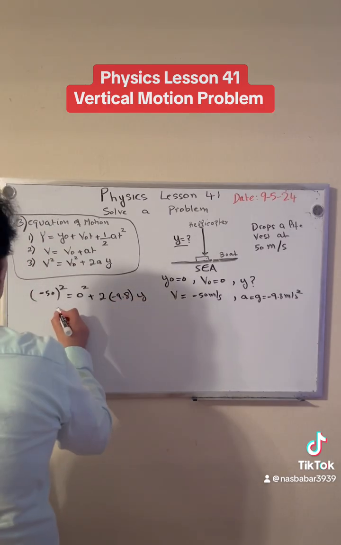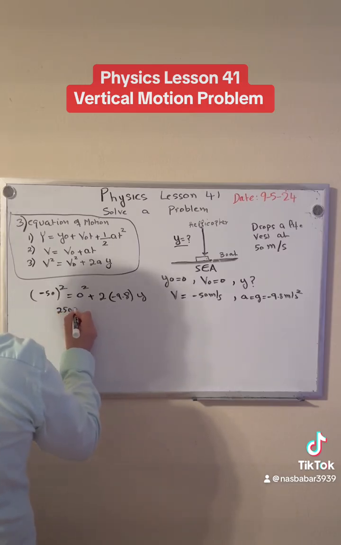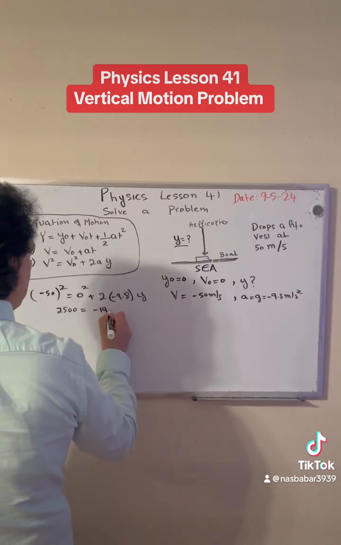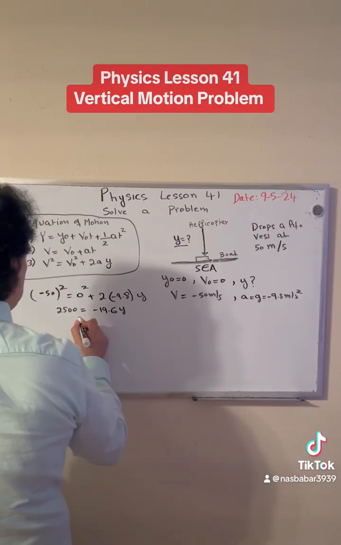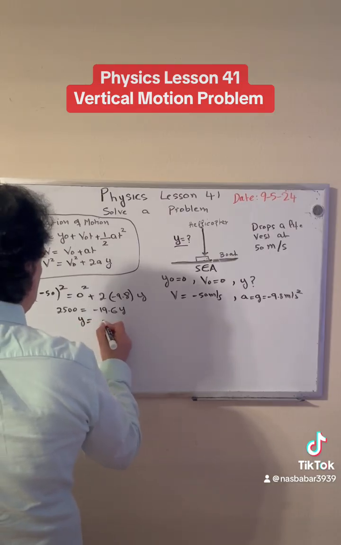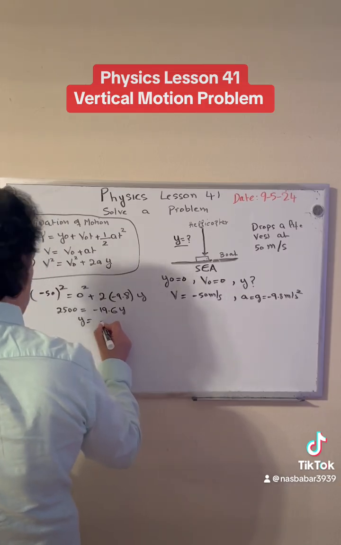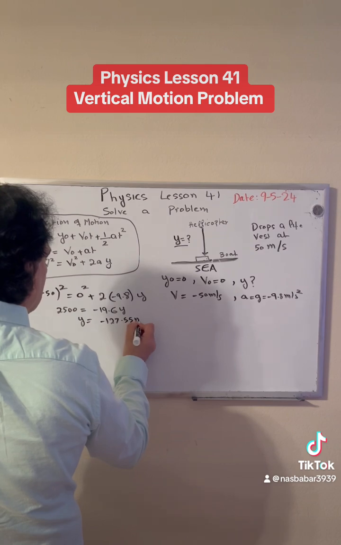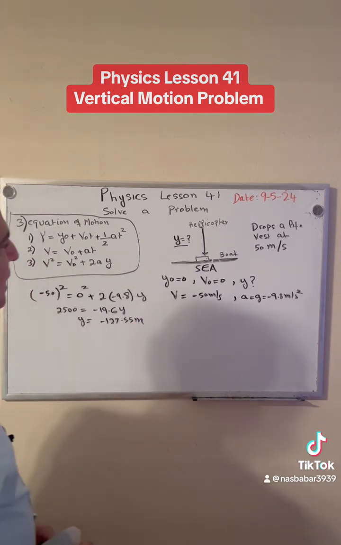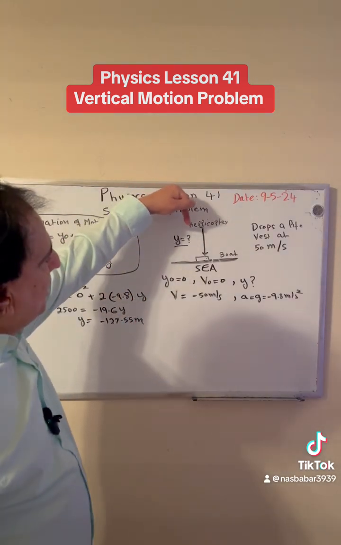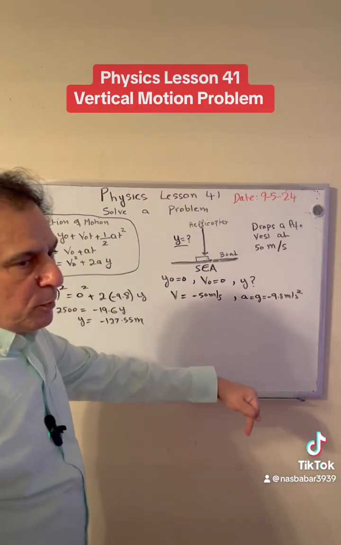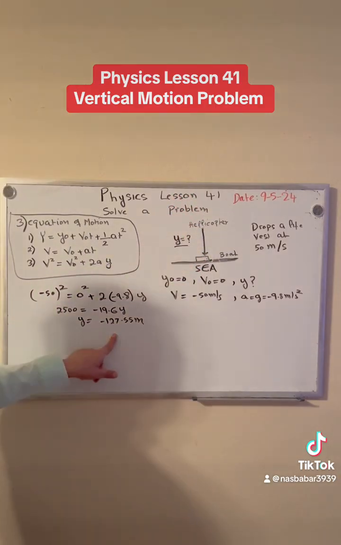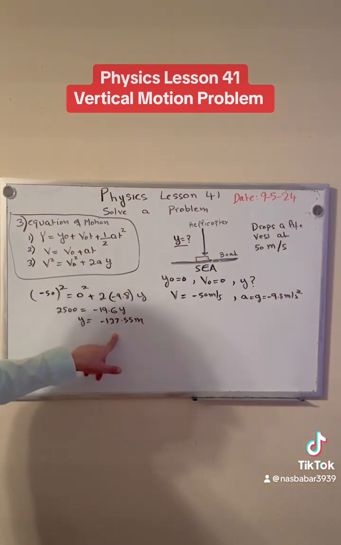If we do the math, we get 2500 is equal to minus 19.6 y, and when you solve for y, you get minus 127.55 meters. The negative sign makes sense because we are measuring the distance from top to bottom. So the distance from the helicopter to the boat is 127.55 meters.